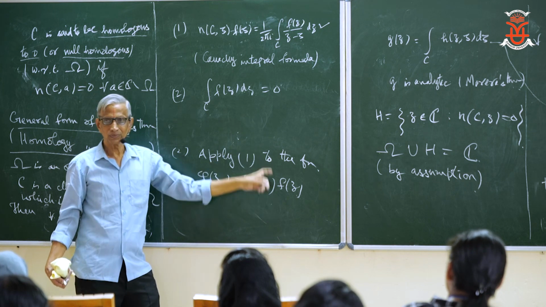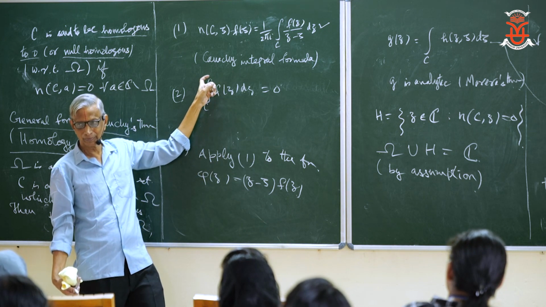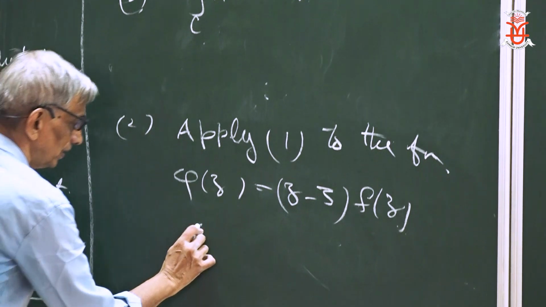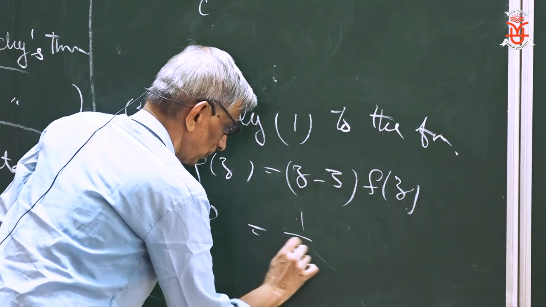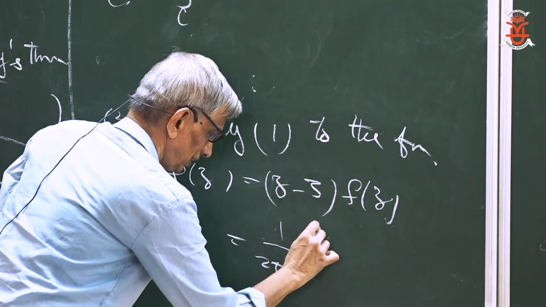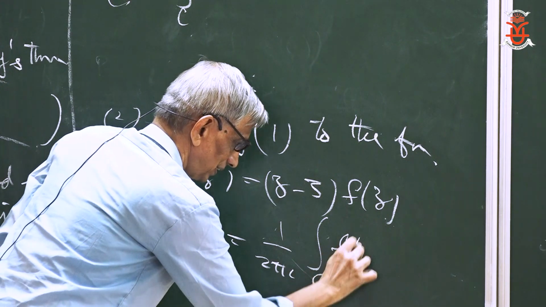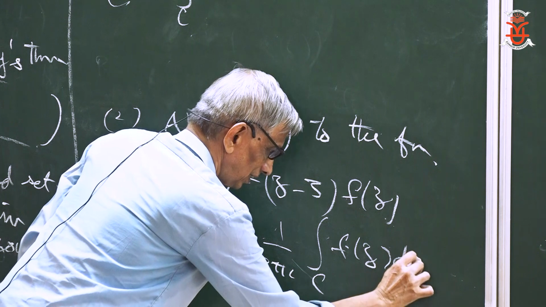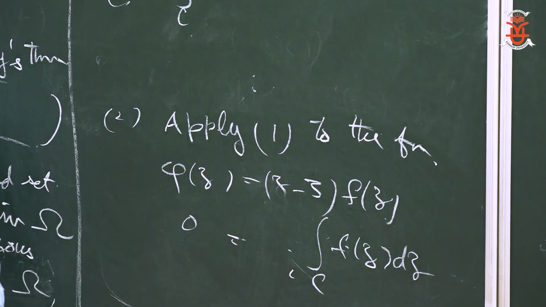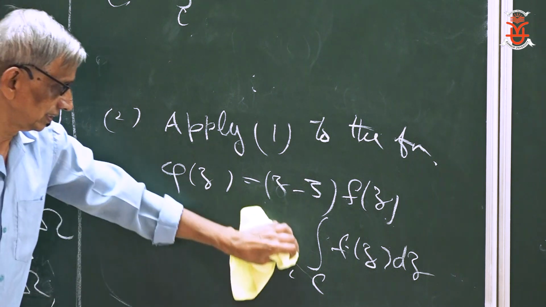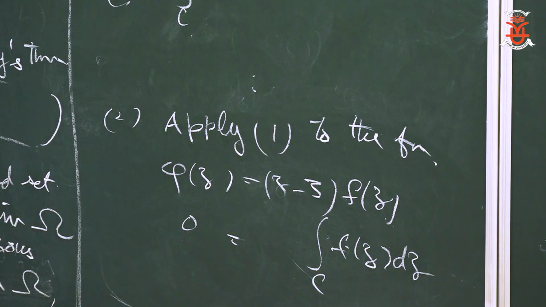So the left hand side is 0. So 0 equal to 1 over 2 pi I integral c f z dz. I can forget the 2 pi I because it is 0 on the other side. So that gives Cauchy's theorem.